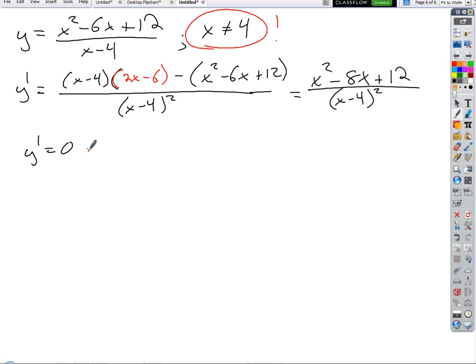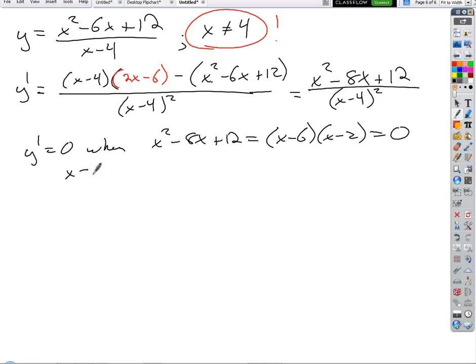So y prime equals 0 when x equals what? 6 and 2. Because we could write x squared minus 8x plus 12, which factors into x minus 6 times x minus 2 equals 0, so x equals 2 or 6.